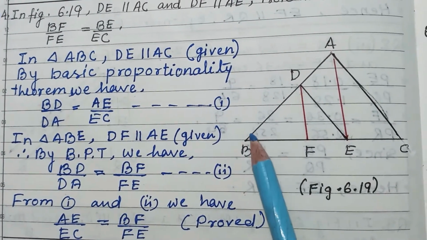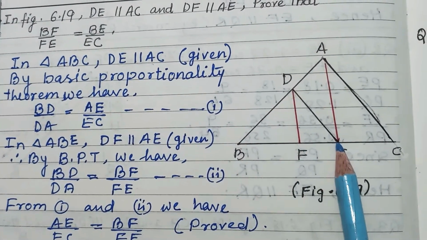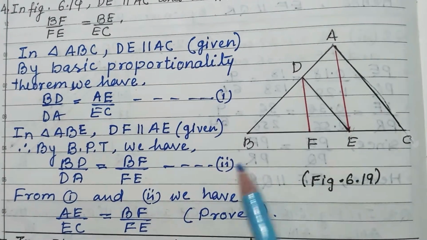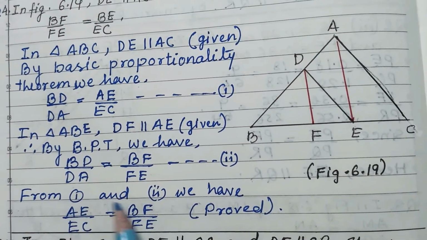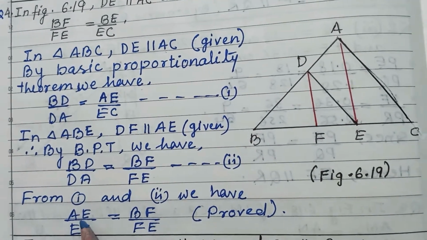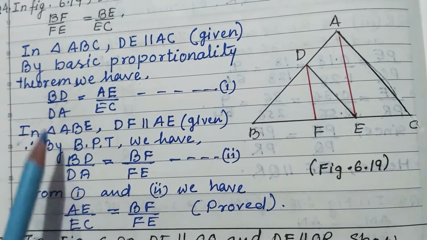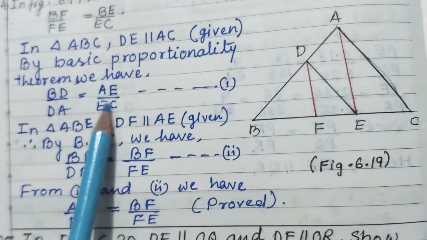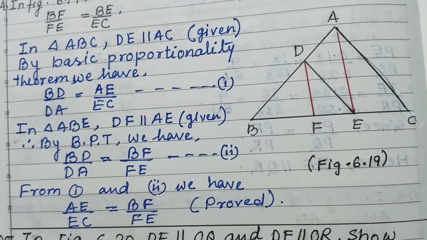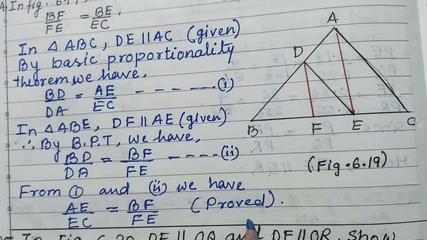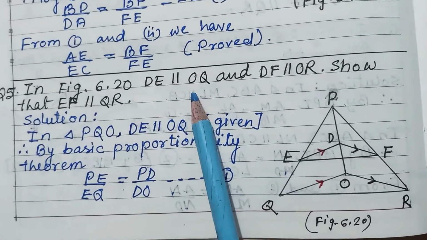This is the first relation. And from the first and second relations, the left hand side is the same. So we can write BE upon EC is equal to BF upon FE. Got it? Proved.